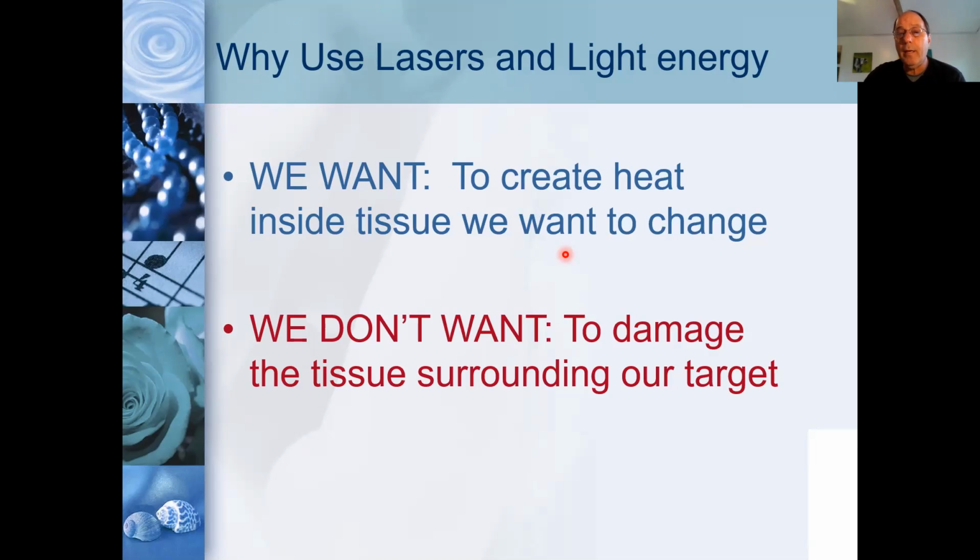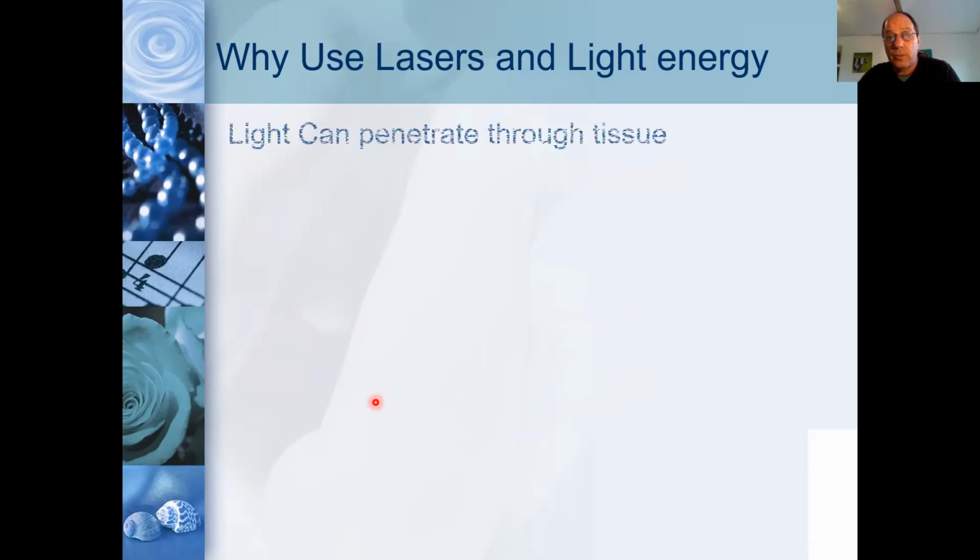So we want to create heat exchange in the melanin in the hair, but we don't want to create heat exchange in the melanin in the skin. And unfortunately, most of the lasers don't know the difference between our target and our surrounding tissue. So we have to be really careful about how much energy we use.